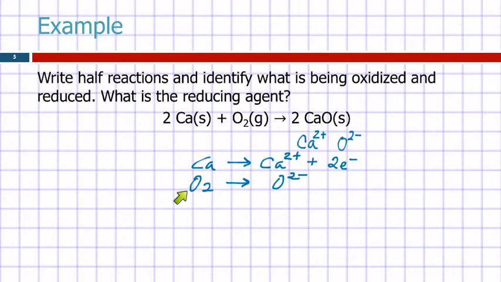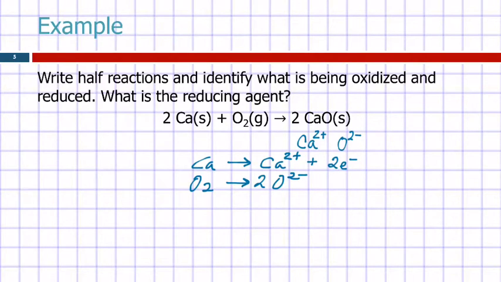And then here's oxygen, and here's O2 minus. We want to make sure that we've got the correct number of atoms first. Over here I have 2 oxygens, and over here I only have 1 oxygen. So what I need to do is I need to put a 2 here, because this O2 molecule is going to make two oxide ions, right?